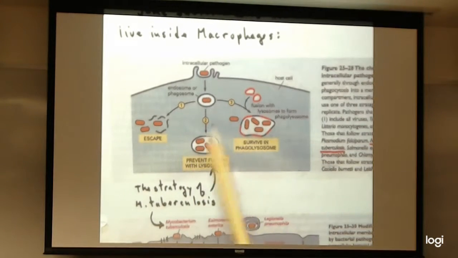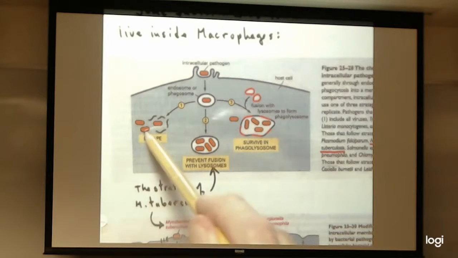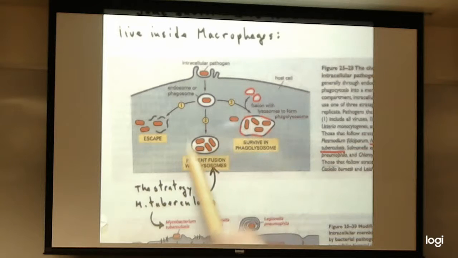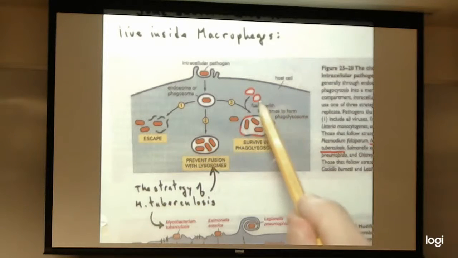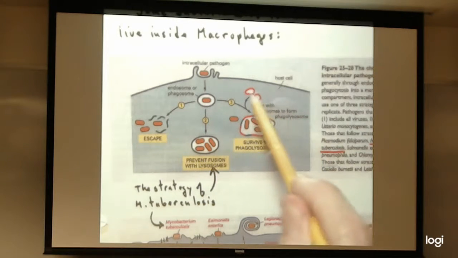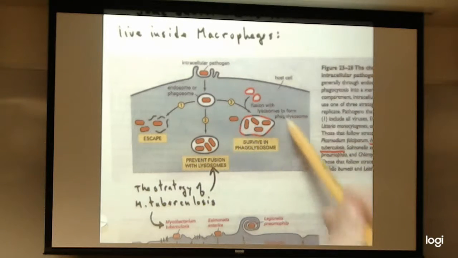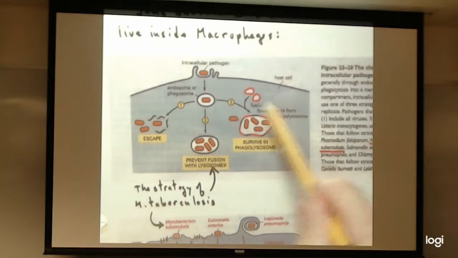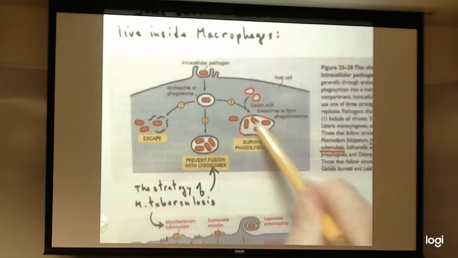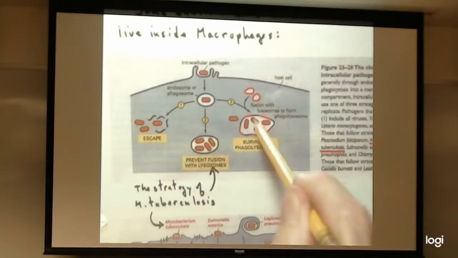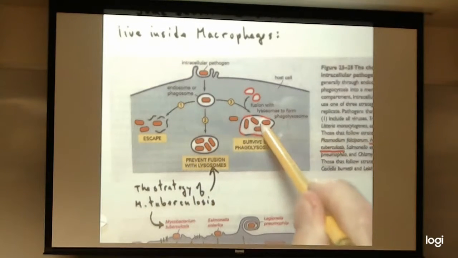Some of them can simply get out of the early endosome and get into the cytosol directly. Some of them can prevent the fusion of this vesicle with lysosomes. So here are lysosomes, and they're only going to fuse with this to form a structure called a phagolysosome, and the digestive enzymes in the lysosomes will then gobble up and digest the surface and all the contents of the bacteria.